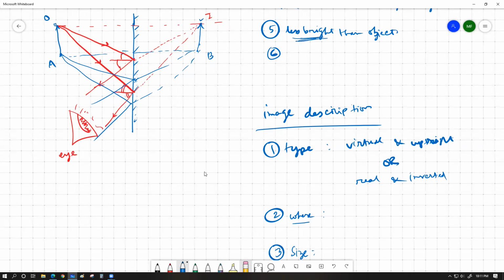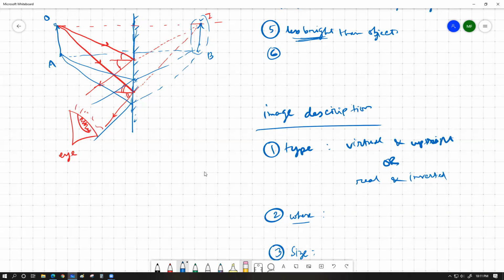This is the part that I did not discuss. The image is always less bright than the object itself, because whenever light rays come out of an object, we actually have the light rays spread out in radial directions. A small fraction of the light is actually used to produce the image on this mirror right over here. So that's why, and also some amount of light actually gets absorbed on the reflection surface right over here.